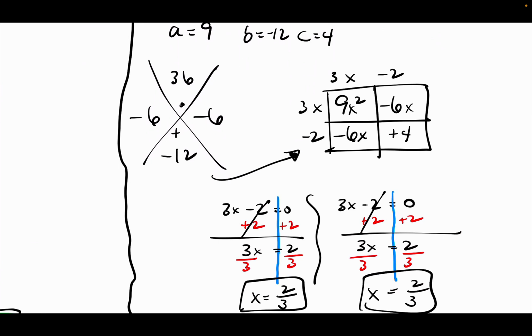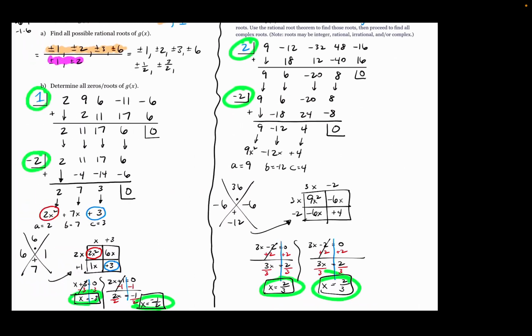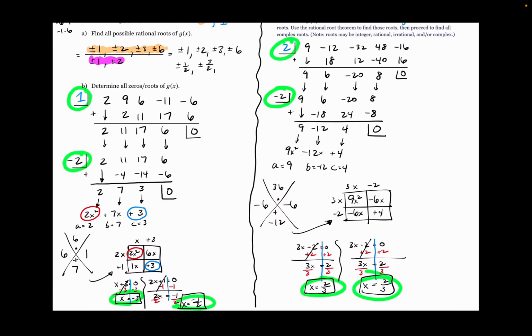You could get the same answer twice. Yeah, it's called the double root. It's okay. Okay, there's our 4 answers. Done.